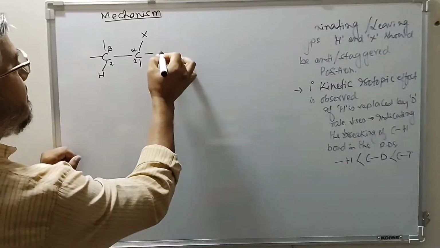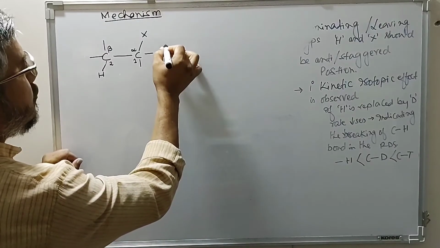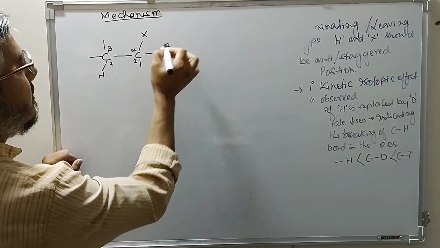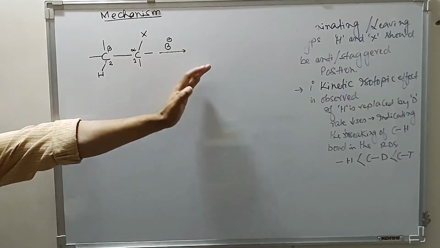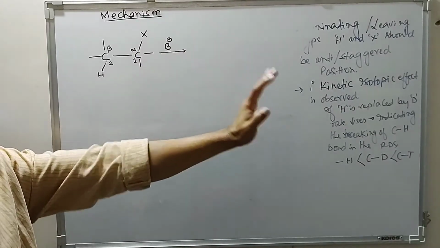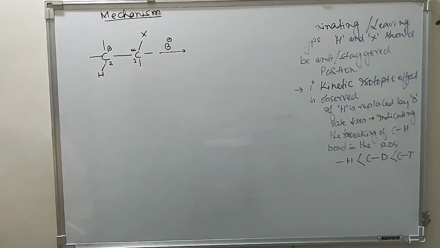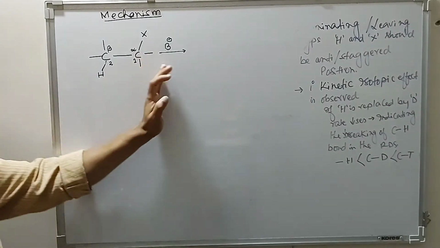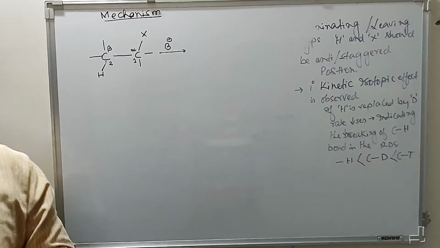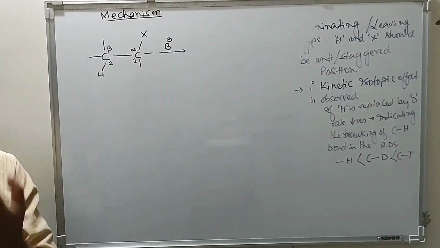Now this is to be reacted with a strong concentrated base. Let me use B minus, which represents strong concentrated base. Since we are having a base, the role of base is to abstract acidic hydrogen.